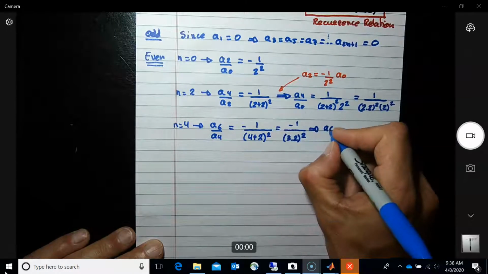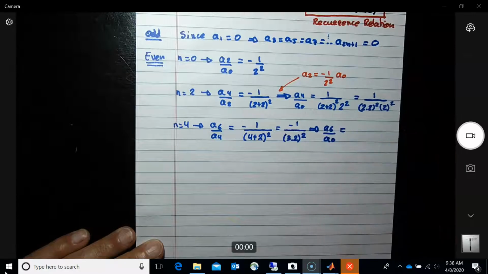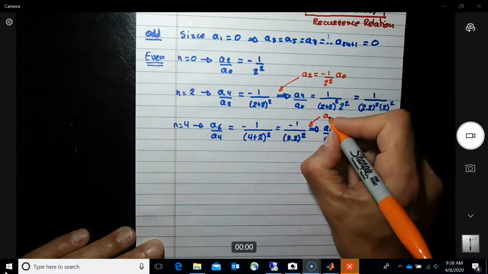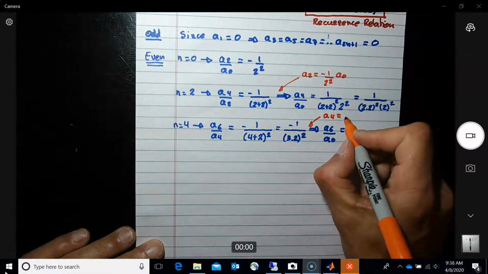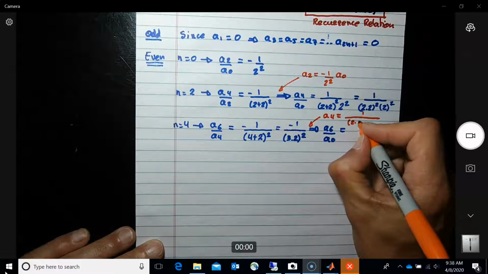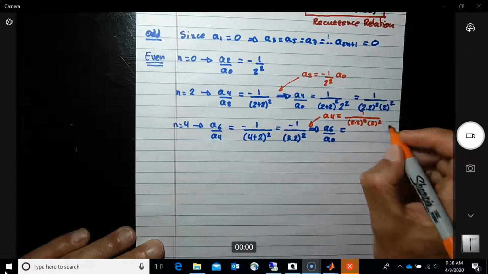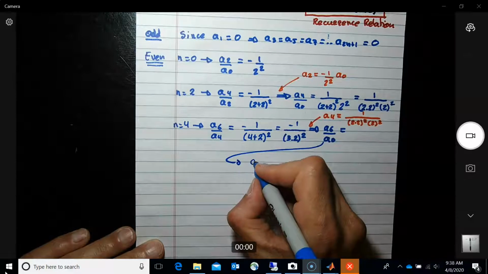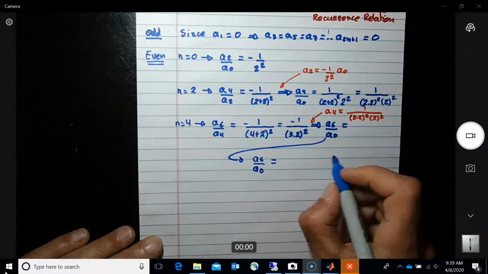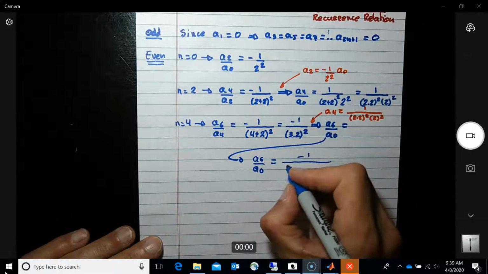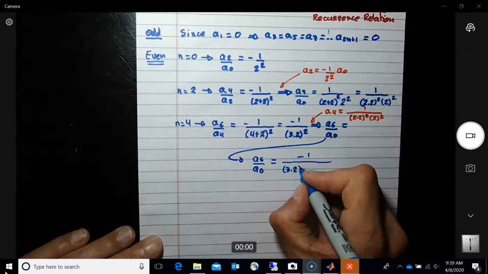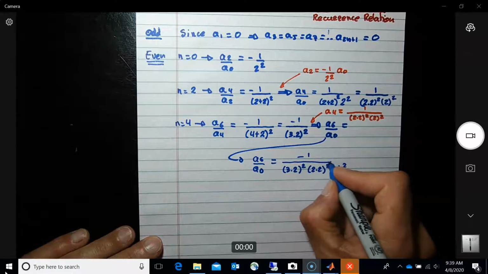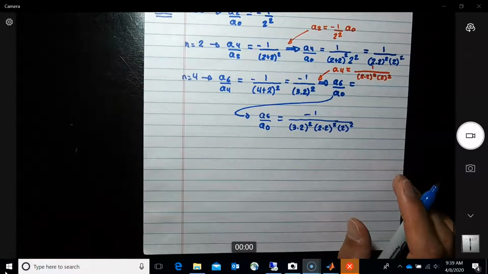Now that means that a6 over a0, this time we'll be using the fact that a4 is equal to this relation here, 1 over 2 times 2 squared, 2 squared. So a6 over a0 will be equal to minus 1 over 3 squared times 2 squared times 2 squared times 2 squared.